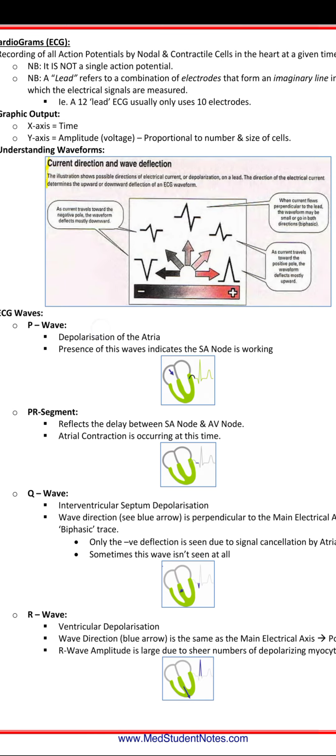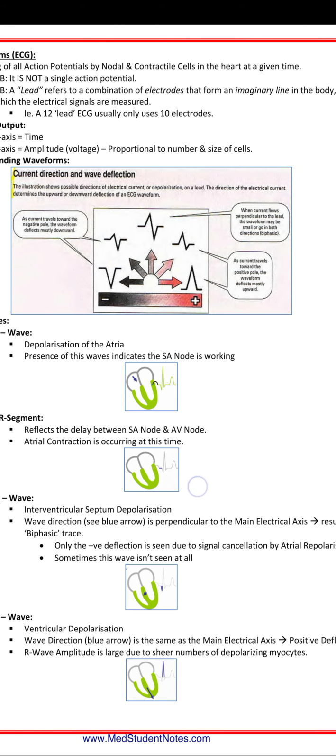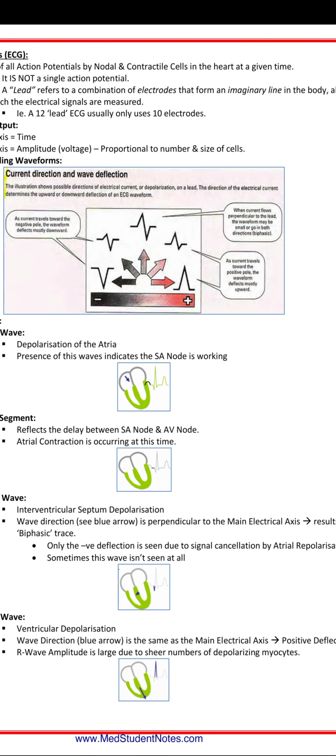Next is the Q wave. The Q wave is the interventricular septum depolarization. So after the delay between the SA node and AV node, there comes the depolarization of the interventricular septum. So the Q wave denotes the depolarization of the interventricular septum.